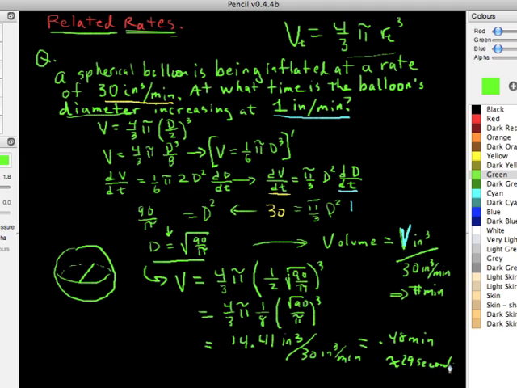So that is the answer to this question. The balloon is being inflated at 30 cubic inches per minute. When is the balloon's diameter increasing at 1 inch per minute? It's occurring at 29 seconds. I love that problem.